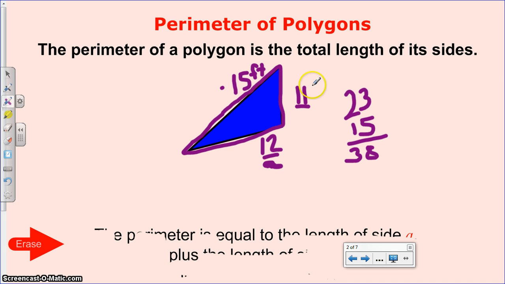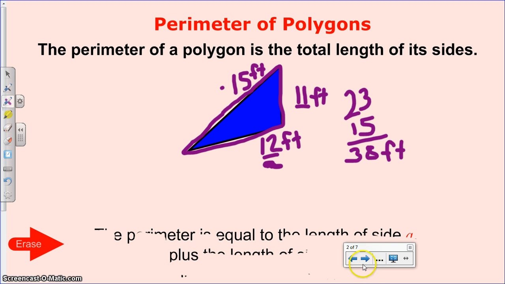You want to use the same unit of measurement that is being used in the problem. So in this case, it would be feet, so I would say that the perimeter of this triangle is 38 feet. And really, again, the perimeter is just simply adding all the sides of any object.